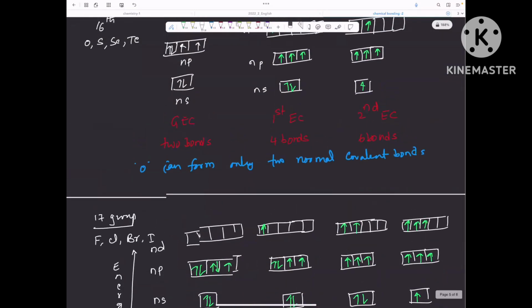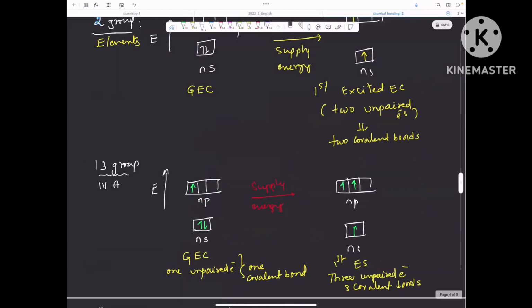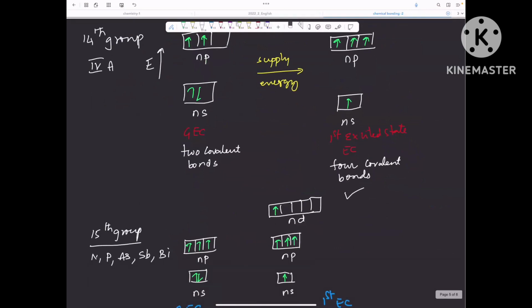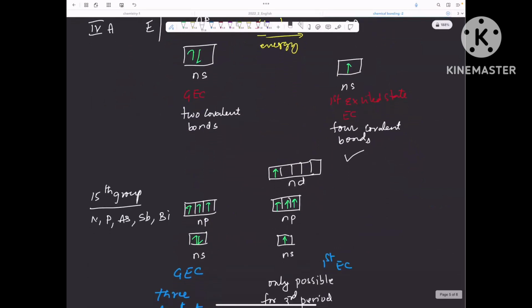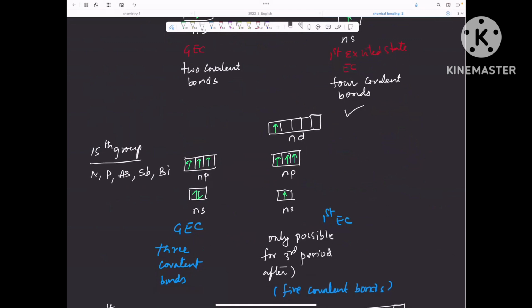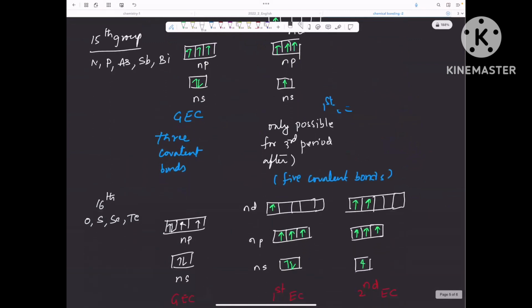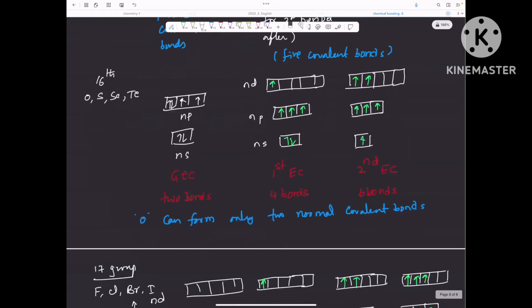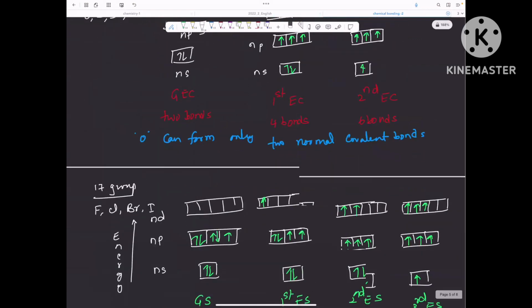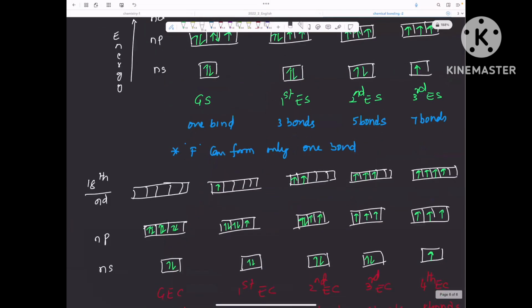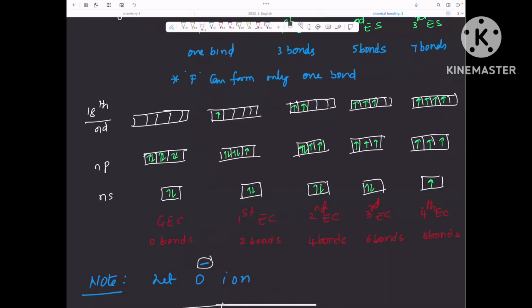Please make sure that from the 14th group onward, any 15th group element can form a minimum of 3 bonds, and 16th group elements can form 2, 4 or 6. 17th group elements can form 1, 3, 5 or 7. 18th group elements can form no bonds, or 2, 4, 6 or 8. These are the numbers of covalent bonds formed by an element. Okay?